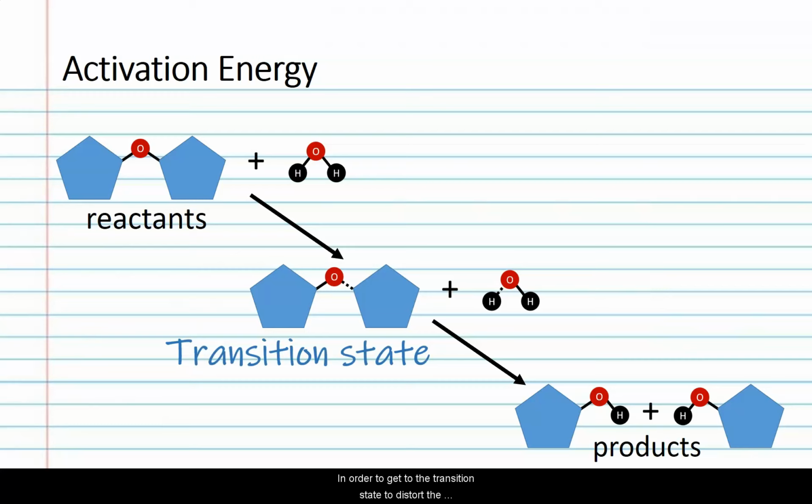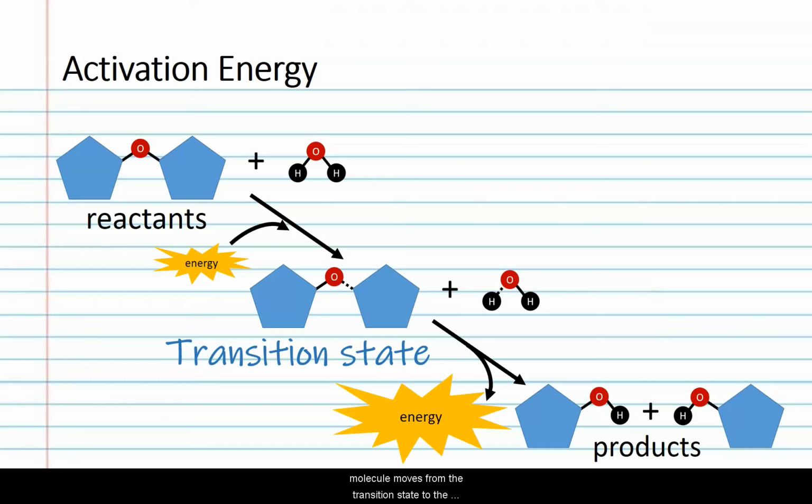In order to get to the transition state, to distort the molecules in just the right way, we have to put in some energy. That energy is the activation energy. Now that energy that we put in, we get back out as the molecule moves from the transition state to the products.